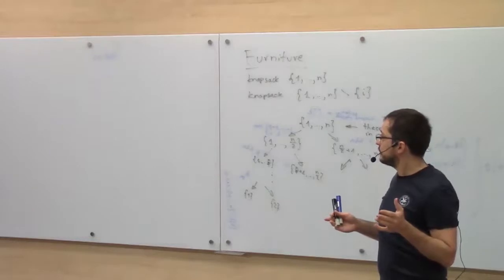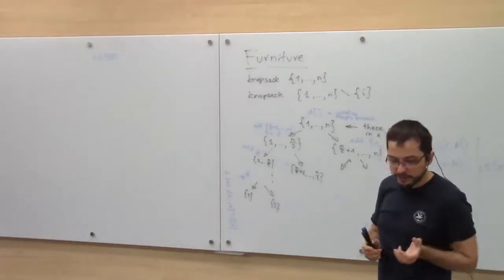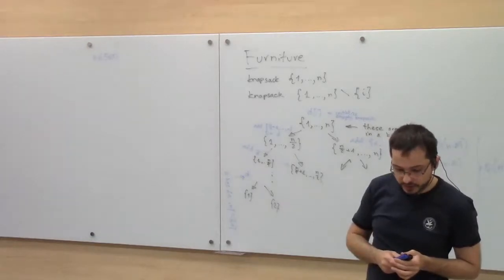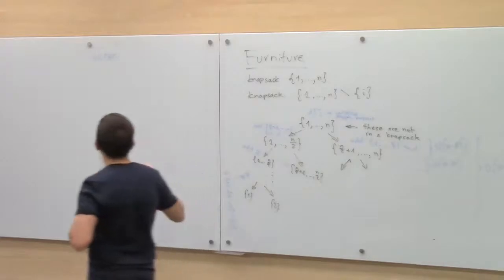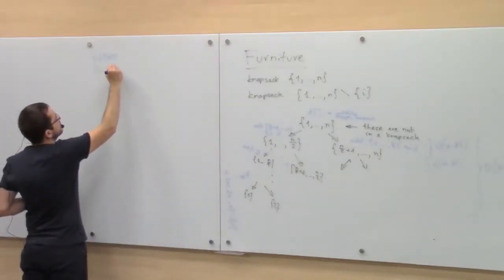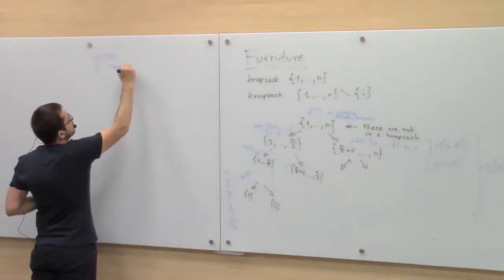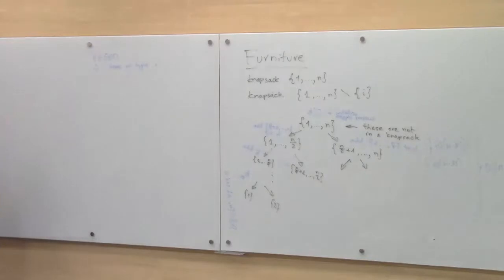Once again we have multiple elements of the same type. So basically we can have c_i items of type i. So basically it will look like a bounded knapsack.